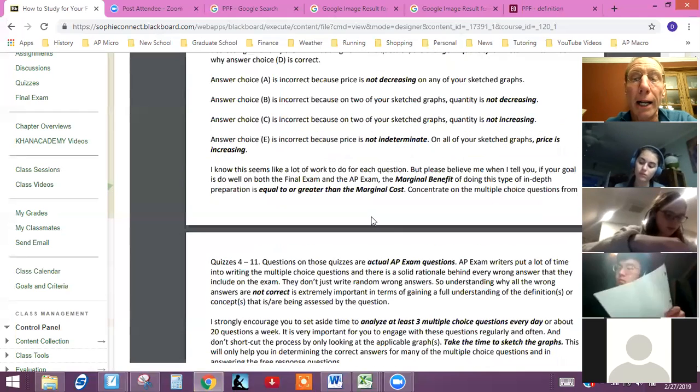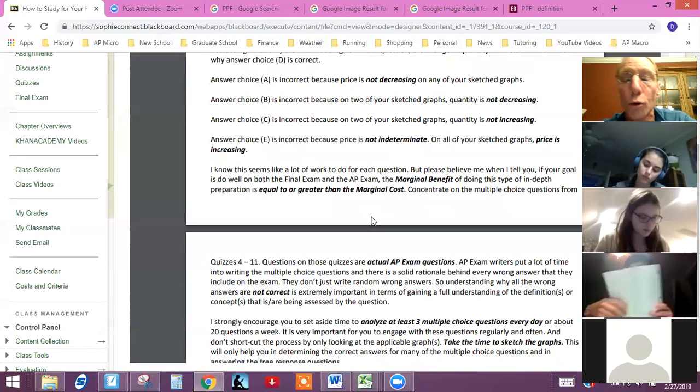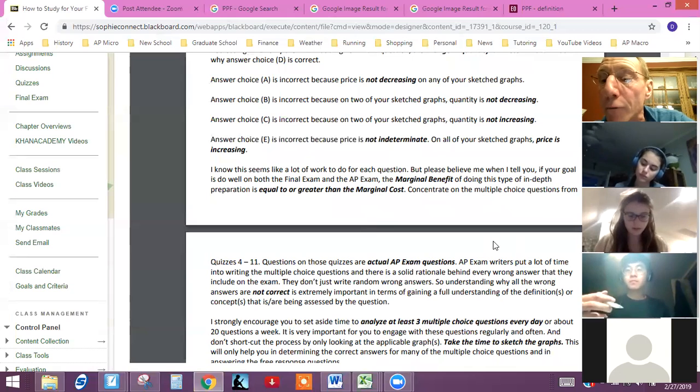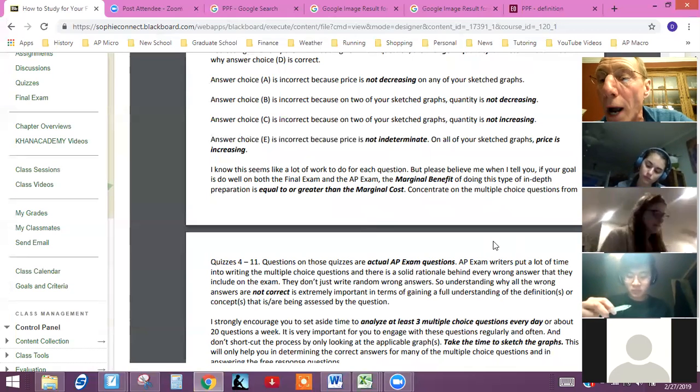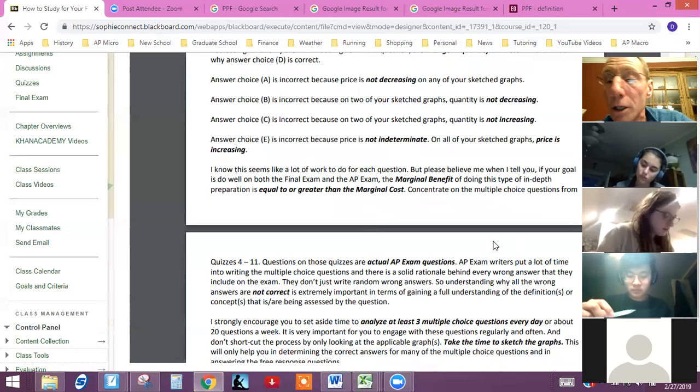So look at that, and then there's like 2 other really good study guides that have graphs and formulas, so that you have all your graphs and all your formulas in one spot, so you can study them and know them. Because I'll say this over and over and over again.